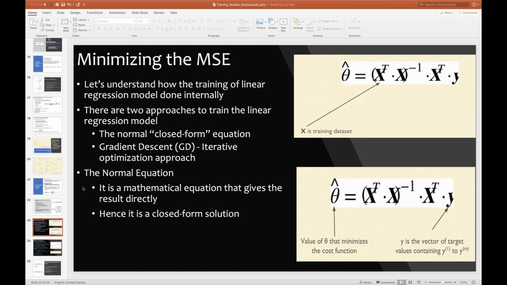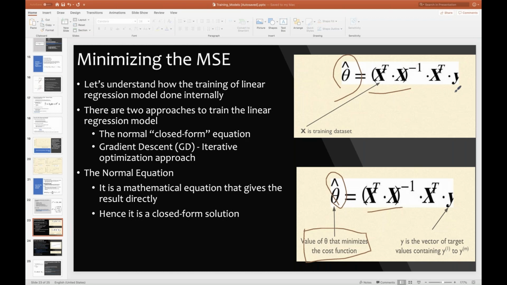So guys, very simple. Look at the diagrams. This is theta cap. This is your X training data set. The value of theta that minimizes the cost function is the theta you need to find.